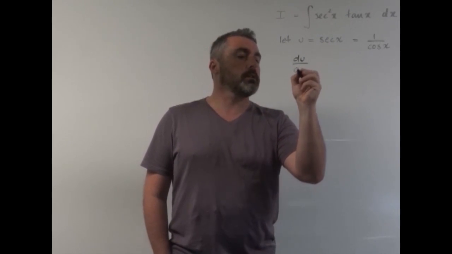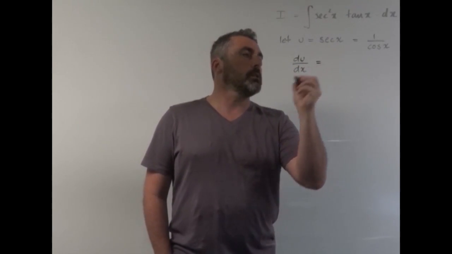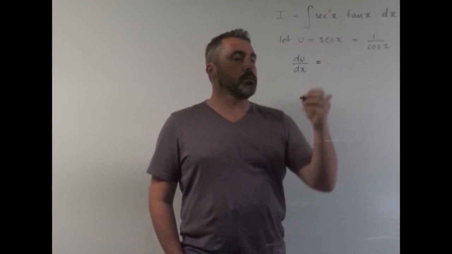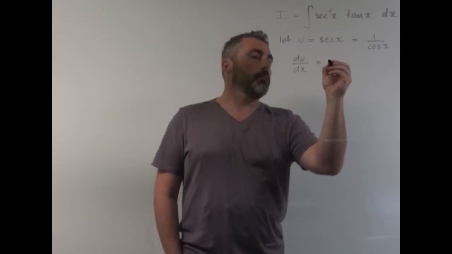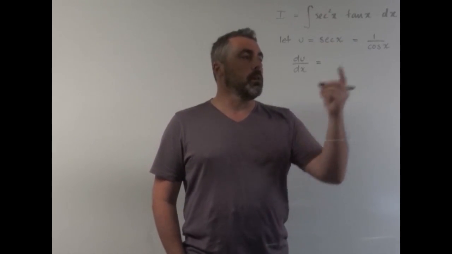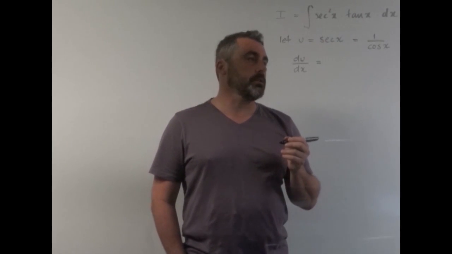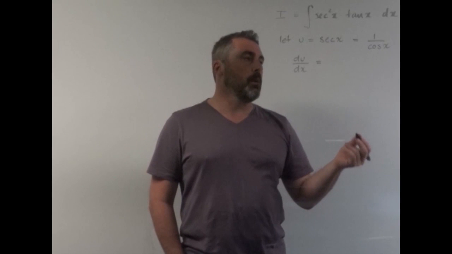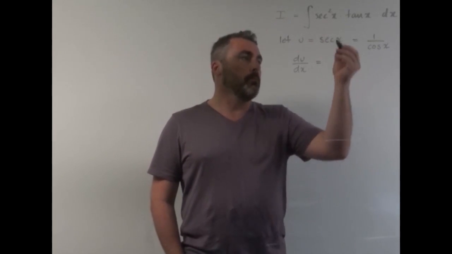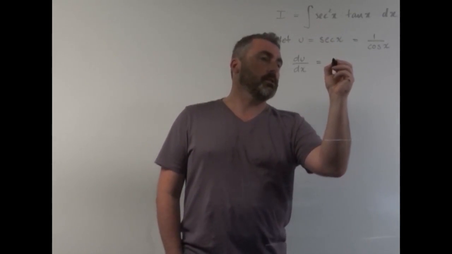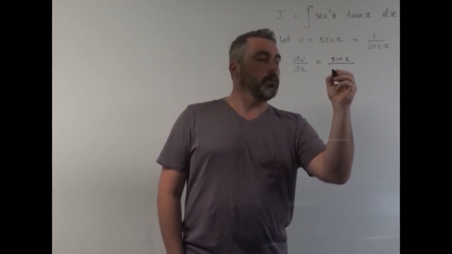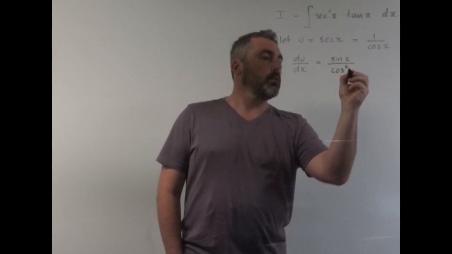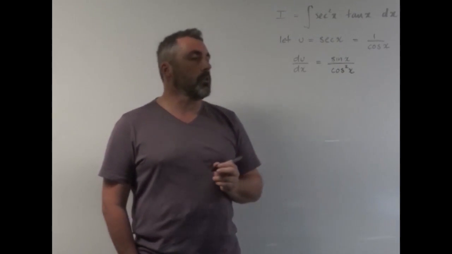Okay, so we want to differentiate that. So du dx is equal to the bottom times the derivative of the top, that'll be 0, minus the top, so minus 1, times the derivative of the bottom, cos x. Now, the derivative of cos x is minus sin x, so minus minus sin x is just sin x in the top over the bottom squared. Sin x on cos squared x.